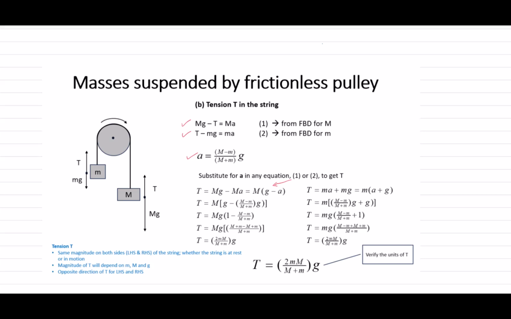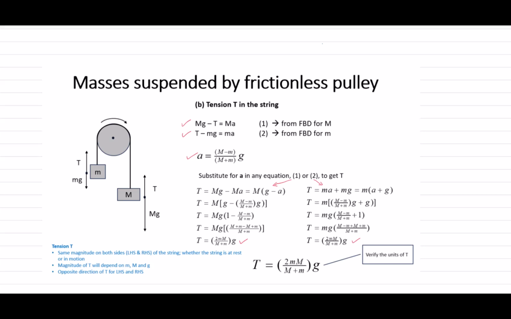You can go through the calculations I have shown. They're pretty easy to understand. And if I take option 2, that means equation number 2, the derivation will look like this. As you see, both of them will yield the same result.